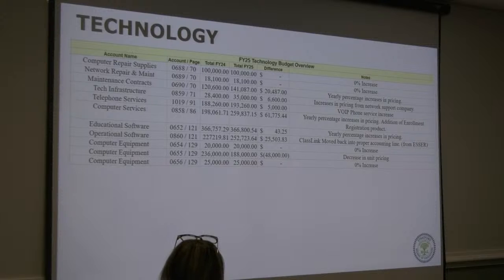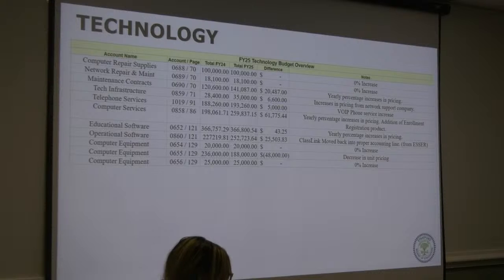Our infrastructure, the increase of $6,000, is our increase from our network support company. That is the company we tap into for resources when we have larger network outages or any equipment failure on the backbone side.